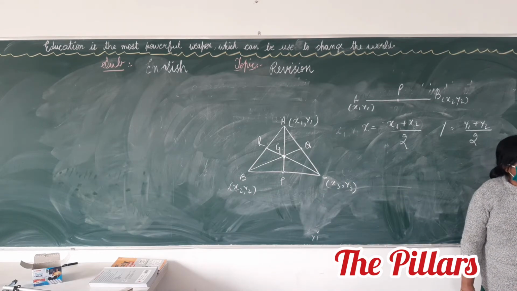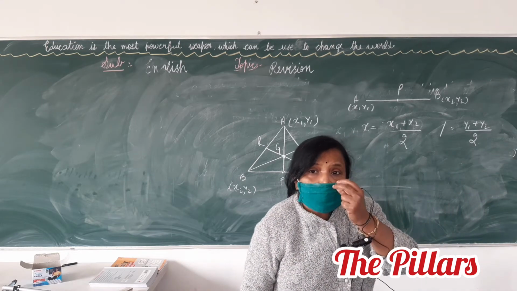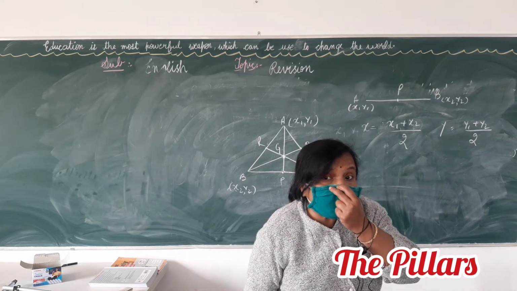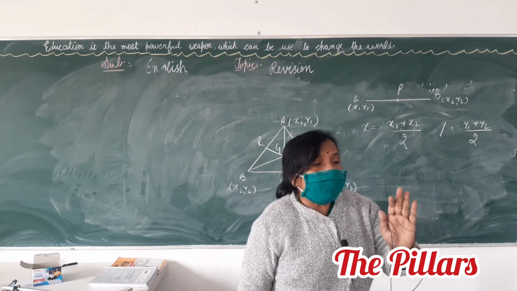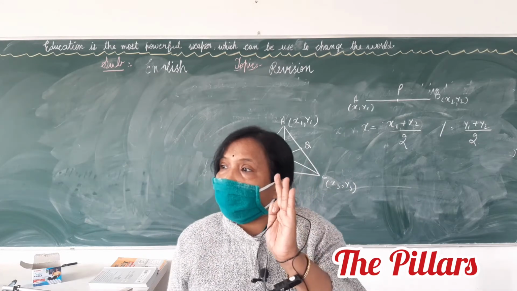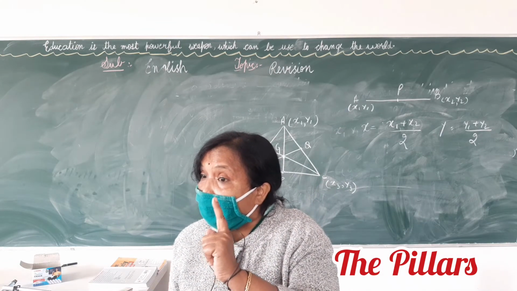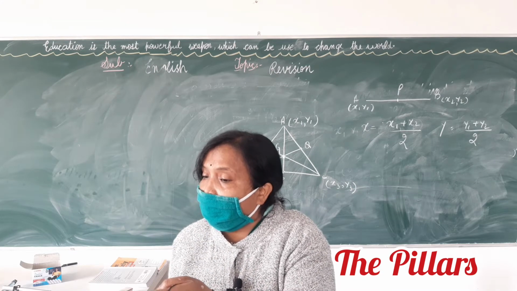Okay? Then what is the meaning of orthocenter? See, look here. When I say centroid, centroid is a point where the 3 medians of a triangle meet. Please write down in your copy.